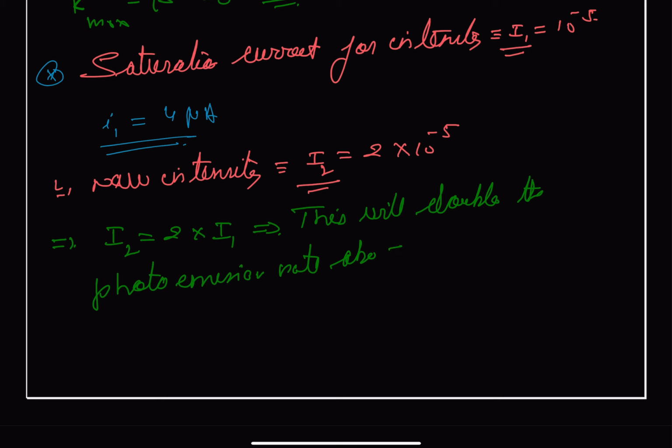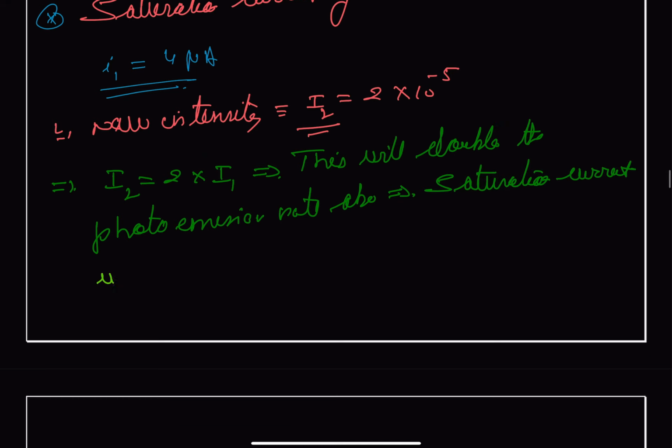And from here we can also say the saturation current will also double. The saturation current, suppose given as i2, will be equal to twice i1, which is 8 microampere.